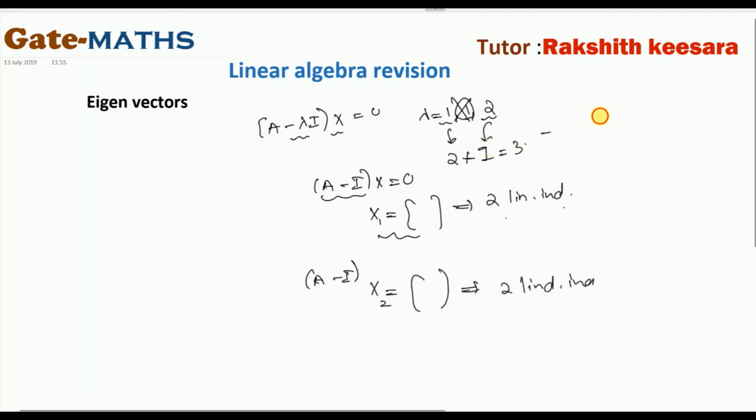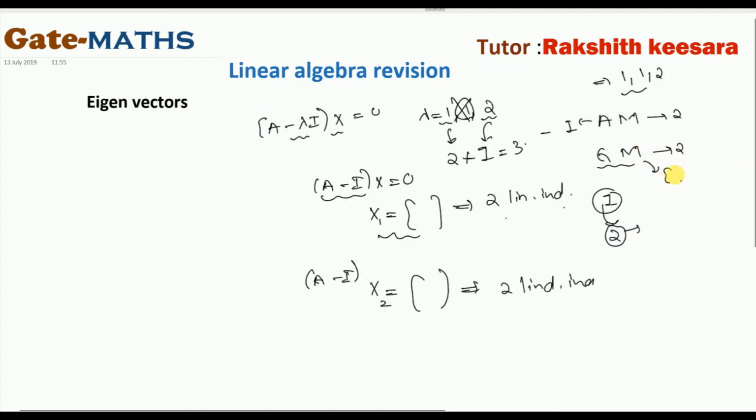The next concept is algebraic multiplicity and geometric multiplicity. If the eigenvalues are 1, 1, 2, then the algebraic multiplicity of 1 is 2, because it is repeating 2 times. And coming to geometric multiplicity, if the eigenvalue 1 is having 2 linearly independent eigenvectors, then GM will be 2.